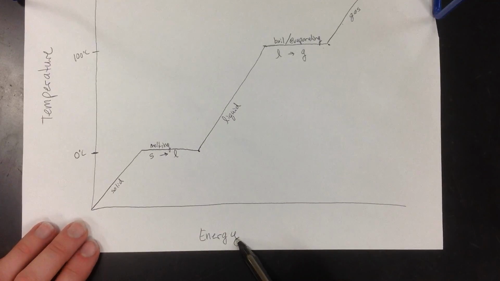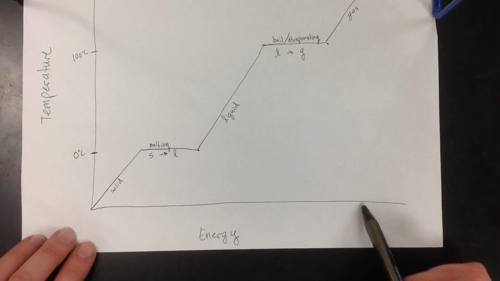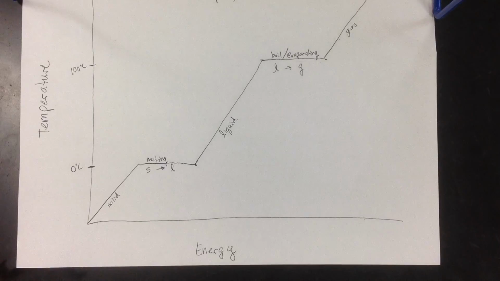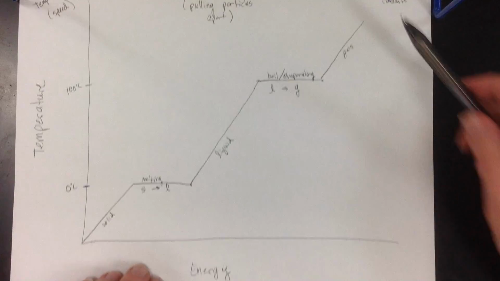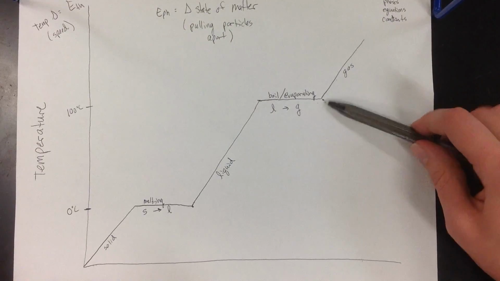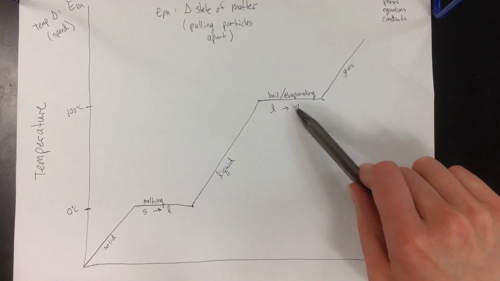So again, we've got energy here on the bottom. This is a low amount of energy, whereas over here we have a high amount of energy. If I'm looking at a cooling curve, I'm instead removing energy. I don't have as much energy. I'd simply be going the opposite direction. So I might start with a high gas, move this direction and start condensing, take my gas into a liquid.